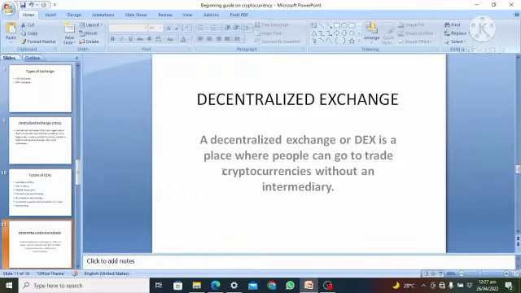There is no middleman, but it's a place that people can easily go to place a transaction or to trade cryptocurrency without an intermediary, without a middleman.